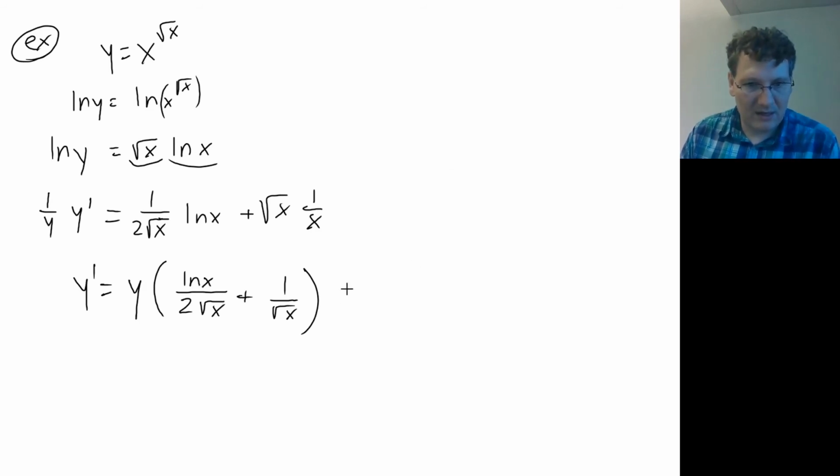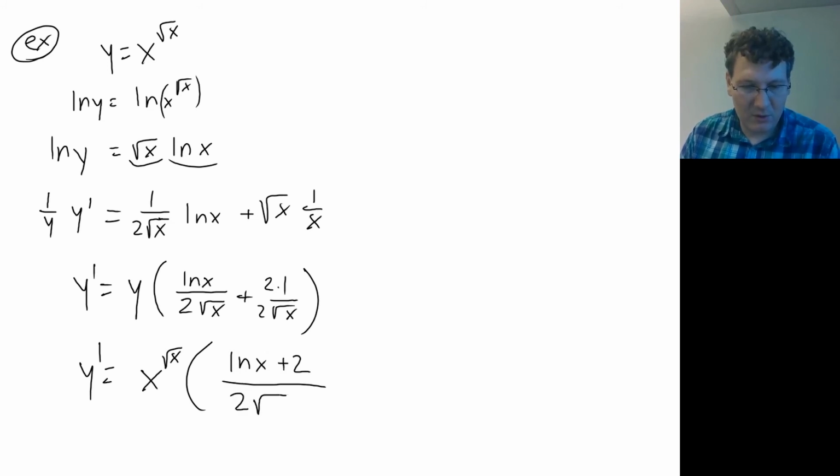And so we can then replace the y with x to the root x. So y prime is going to be x to the root x times, do I want to put these together? I kind of want to. I could multiply this by 2 over 2. And so I could write ln x plus 2 over 2 root x. That's kind of satisfying for me.